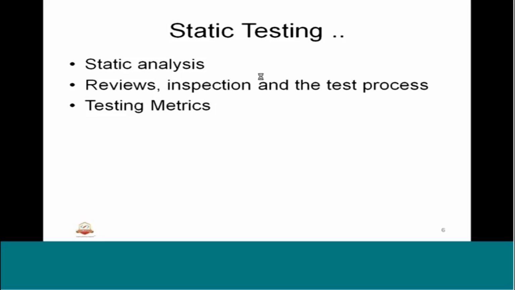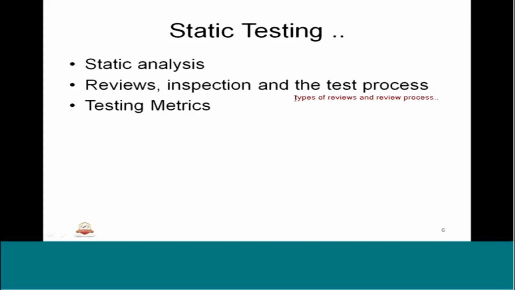We can do a review of the requirements and the design of the code against what is implemented and what is working. That can be reviewed. It could be an informal walkthrough, peer review, inspection, etc. under reviews. We will study different types of reviews, and the review process is very important because every review has its own process.